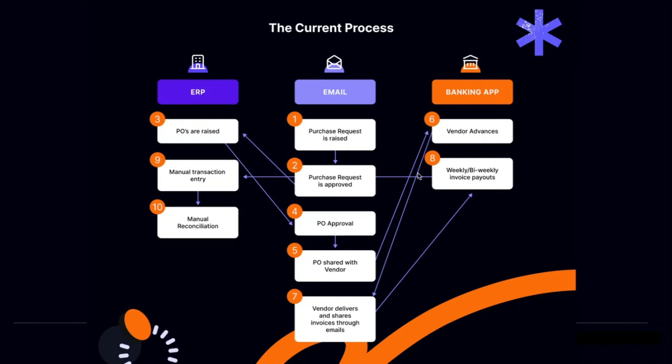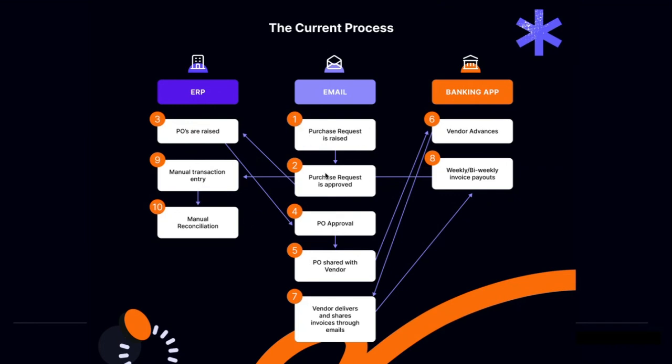Then it needs to be sent to the banking app so that the payout is done. And for reconciliation, which is for accounting and reporting, they need to once again do manual transaction entry in ERP and then do manual reconciliation.